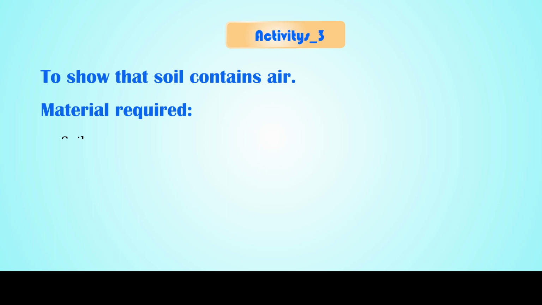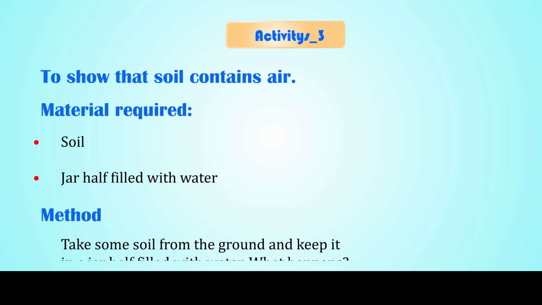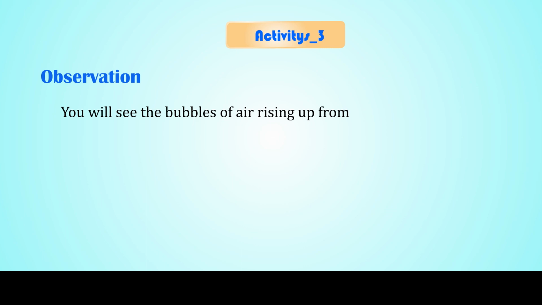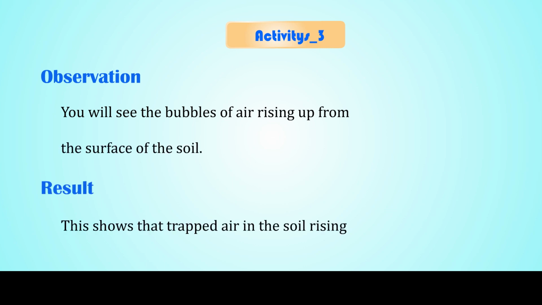Material required: soil, jar half filled with water. Method: take some soil from the ground and keep it in a jar half filled with water. What happens? Observation: you will see the bubbles of air rising up from the surface of the soil. Result: this shows that there is trapped air in the soil.